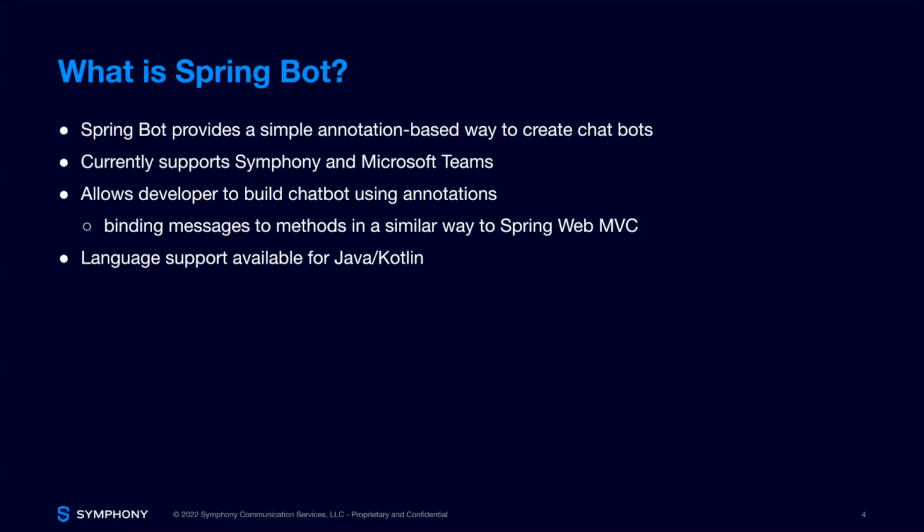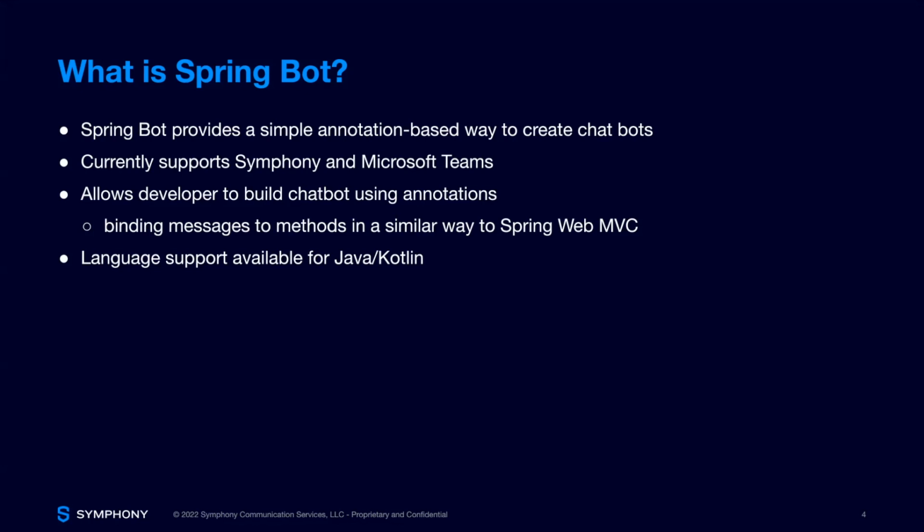In a nutshell, if any developer wants to build any kind of chatbot, a single chatbot can work across Symphony and Teams, so they can directly use our Springbot framework. It also takes care of binding the message and passing it across the platform in the way it is required.